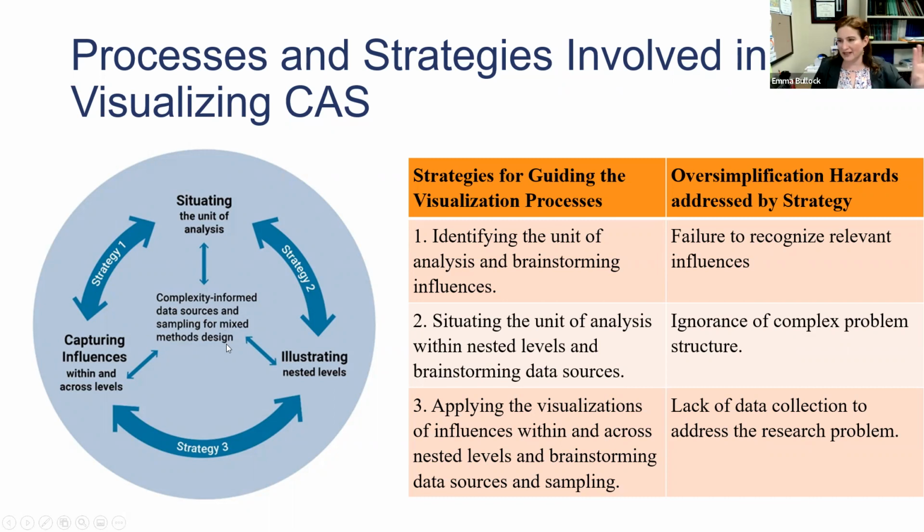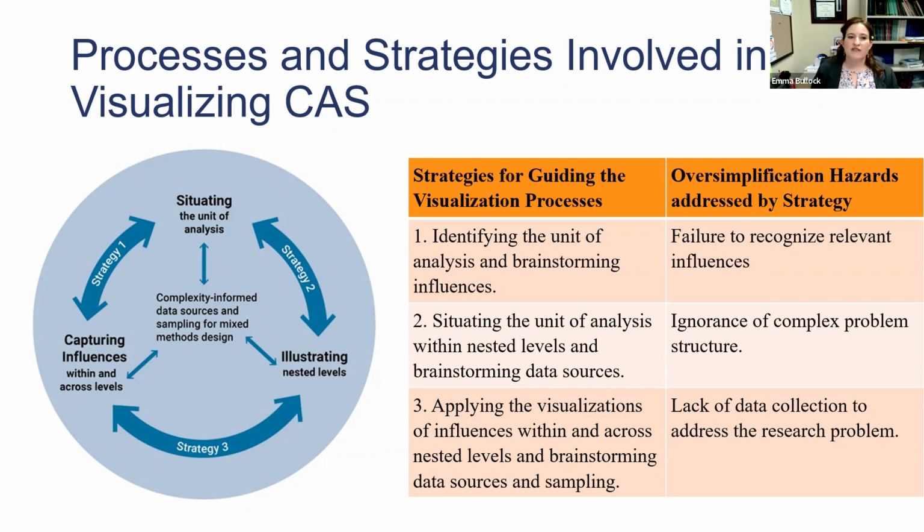I'm going to get to the mixed methods design situation in a second, but we want to understand what data sources and sampling are needed so that we understand the complexity of our system and we're not oversimplifying the situation. And so we have these three processes: situating the unit of analysis, illustrating nested levels, and capturing influences within and across the levels. But then the question is, well, how do I do those three processes?